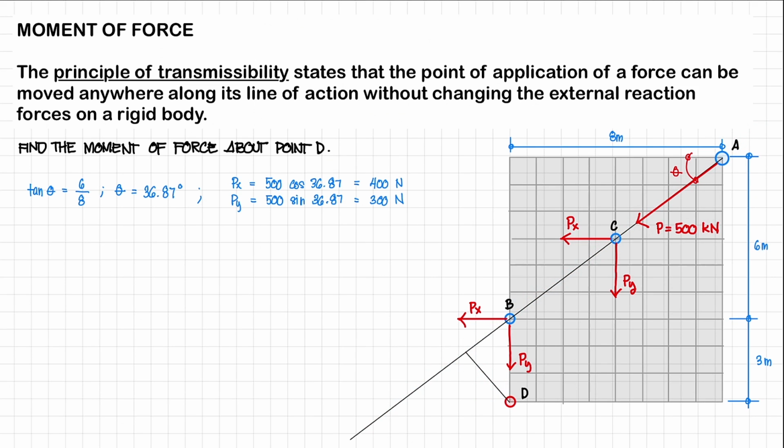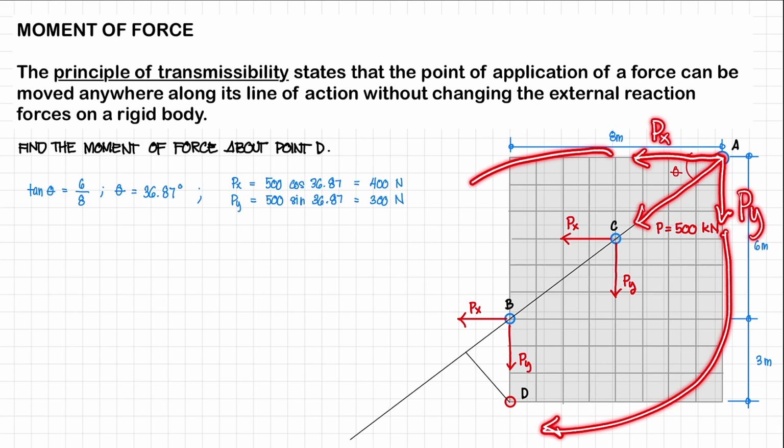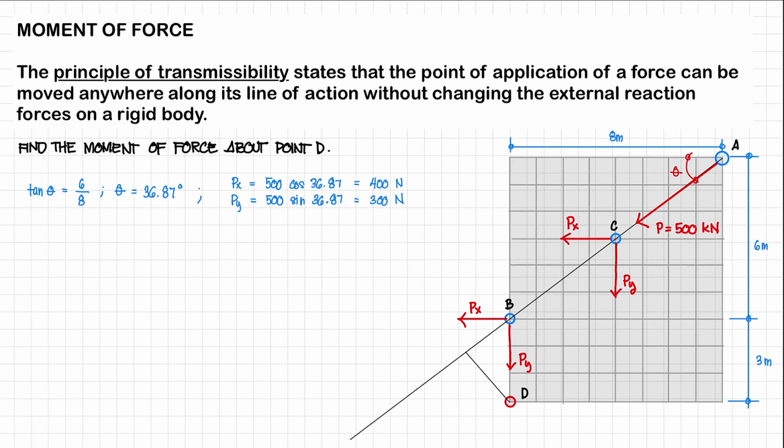So another easier way of doing this is by solving the components of our force P. We'd have Px right here, and then Py here, and then solve for the moments. We're just going to rotate your Py about point D, and then we're going to rotate Px about point D. That's an easier way to do it, with fewer mistakes, right?